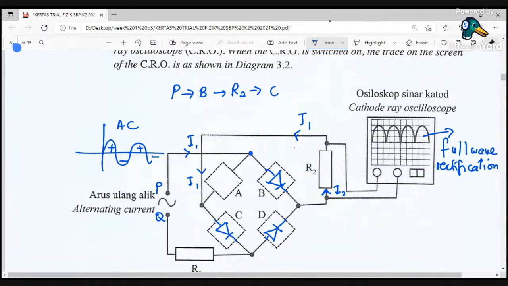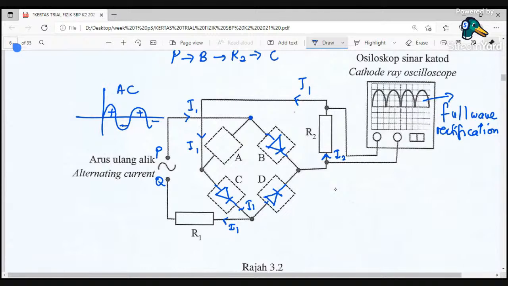Go to C, this is I1. And then go to R1 and to Q. So from C go to R1, then go to Q. So complete one cycle, one complete circuit.